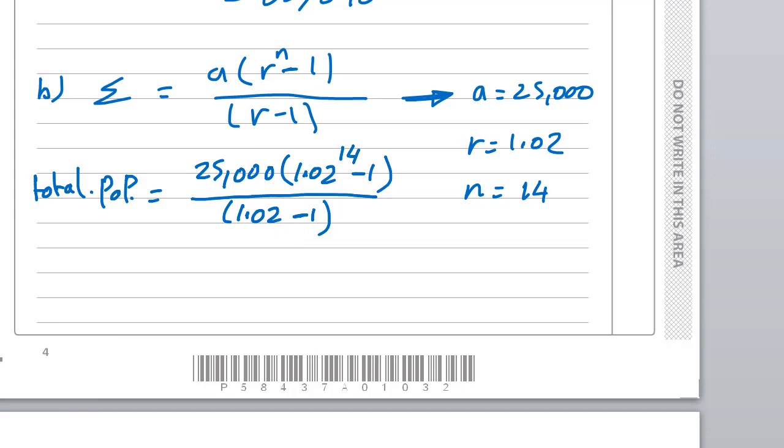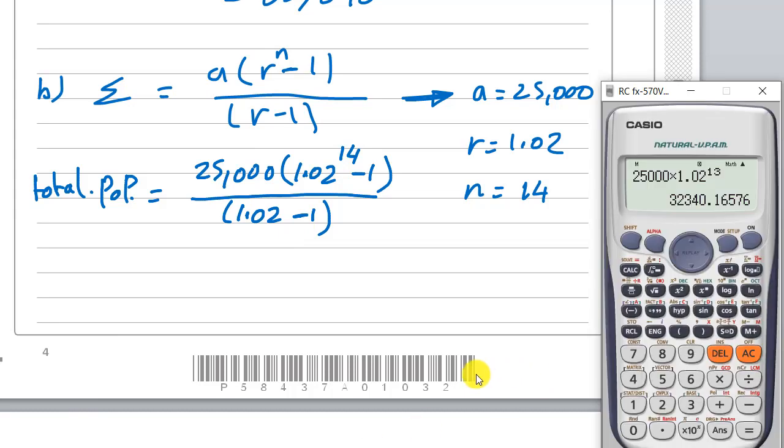Let us calculate this part. So we have 25,000 multiplied by, open the bracket, 1.02 power 14 minus 1, divided by 0.02.